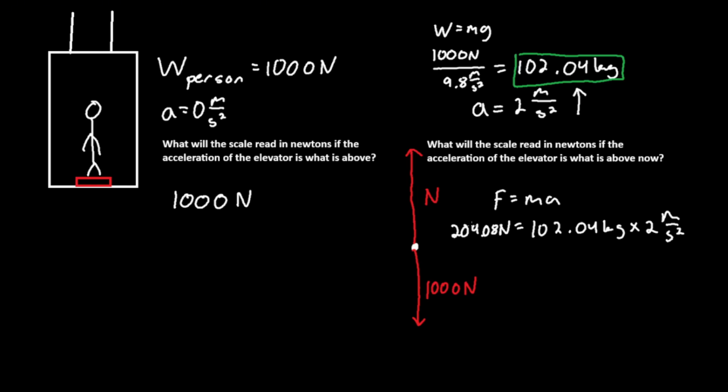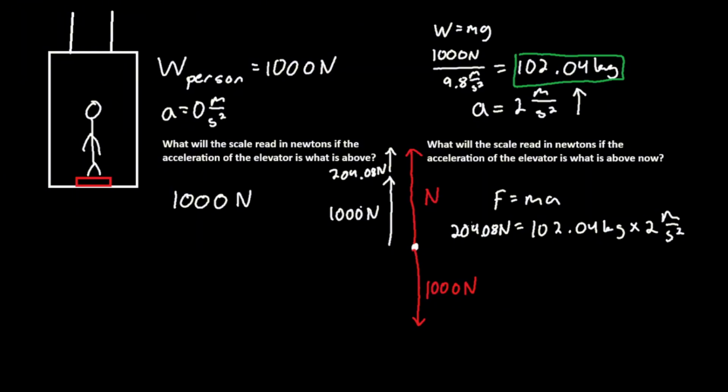And there also has to be the normal force that prevents you from falling through the floor. So there also has to be a normal force of 1,000 newtons upward, equal to your weight. And there also has to be another force upward. Let's write this a little clearer. This is 1,000 newtons. There's also another force pushing you up at 204.08 newtons. So remember, the scale reads the normal force it's exerting on you.